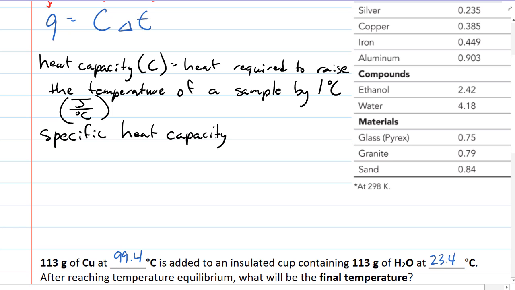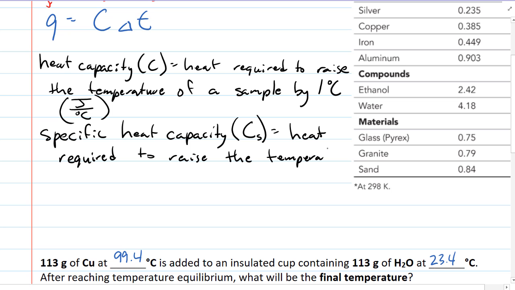The specific heat capacity, and we abbreviate this with a C sub S. C sub S. And we define the specific heat capacity as being the heat required to raise the temperature of 1 gram of a sample by 1 degree Celsius. And so this is more specific.